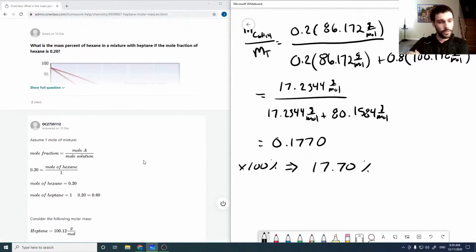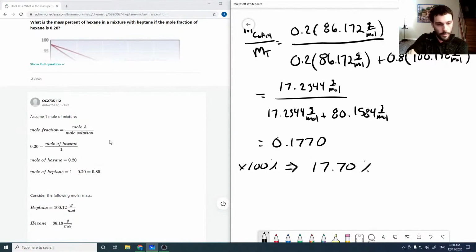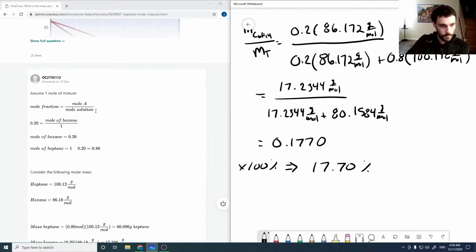So now going through the solution here, it says to assume a mole of mixture, so that's fine. If it helps to do it that way, that might be easier. We just solve for a mole of mixture, and because it's going to be a percentage, it should be unitless anyway, so it doesn't matter what volume or what moles you choose to work with.